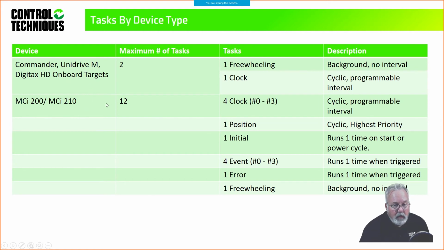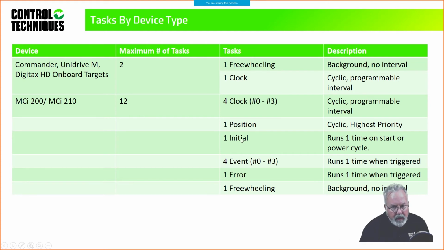Now, when you go to a module, like I have, there's 12 tasks. So there are 4 clock tasks. There is 1 position task, which is the highest priority. There's an initial task.